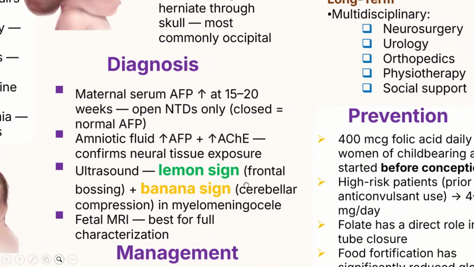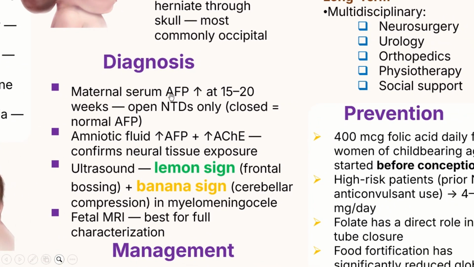So diagnosis: when you see the maternal serum alpha-fetoprotein high at 15 to 20 weeks, it is suggestive of open neural tube defects only. When the alpha-fetoprotein is normal, most of the time it is closed defects. Then when you find that you have alpha-fetoprotein and acetylcholinesterase both increased, this confirms that there is neural tissue exposure.